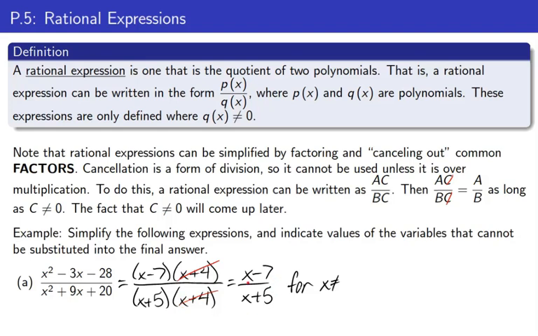Now it's gone. The negative 4 constraint is not here for this simplified expression, but because it used to be there, we still say x cannot be negative 4. So anytime you cancel out a factor, the value that would have made that factor 0 does need to be left as x cannot be that value, even though it doesn't appear in the final answer.